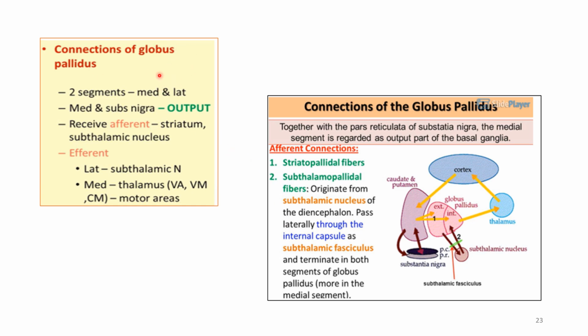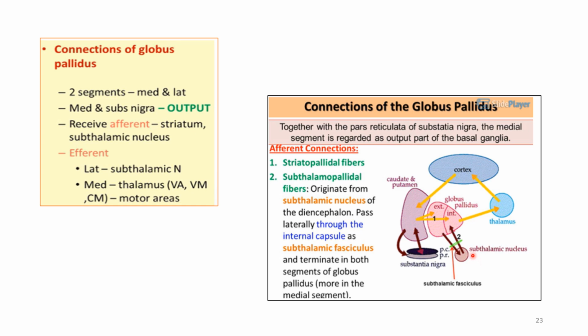Now coming to the connections of the globus pallidus. What are the connections of the globus pallidus? This is the internal and external globus pallidus. So what are the afferent connections? That is from the striatum, direct and indirect pathways to the internal and direct pathway to the external, the striatopallidal fibers. And from the subthalamic nucleus.